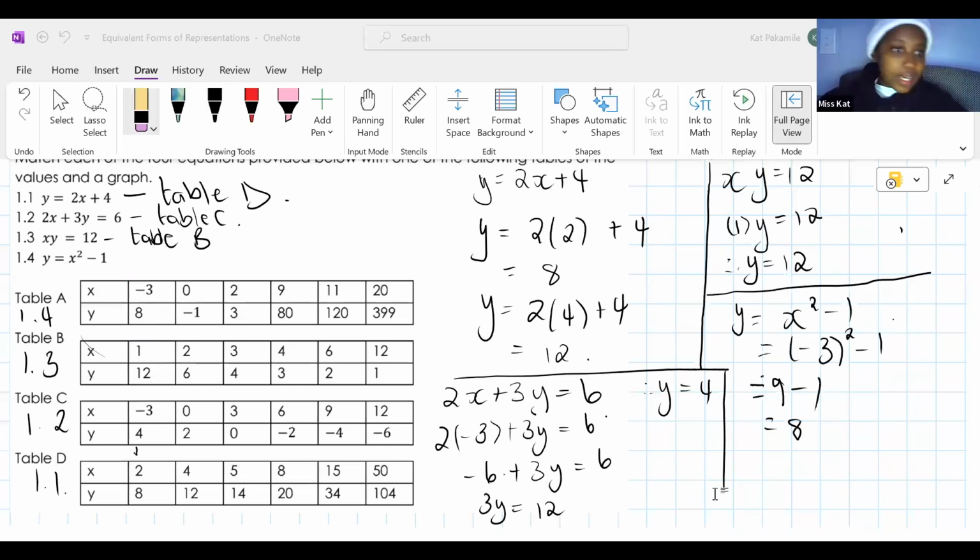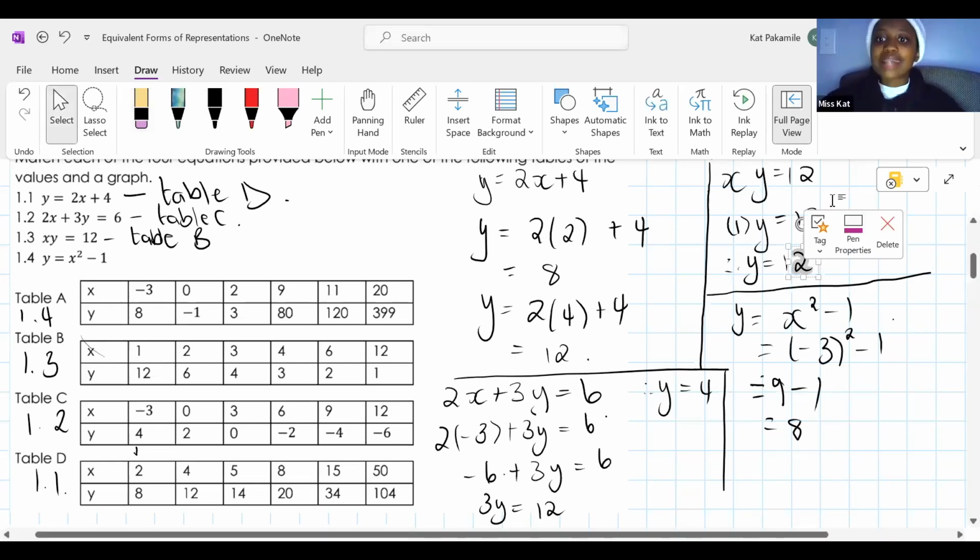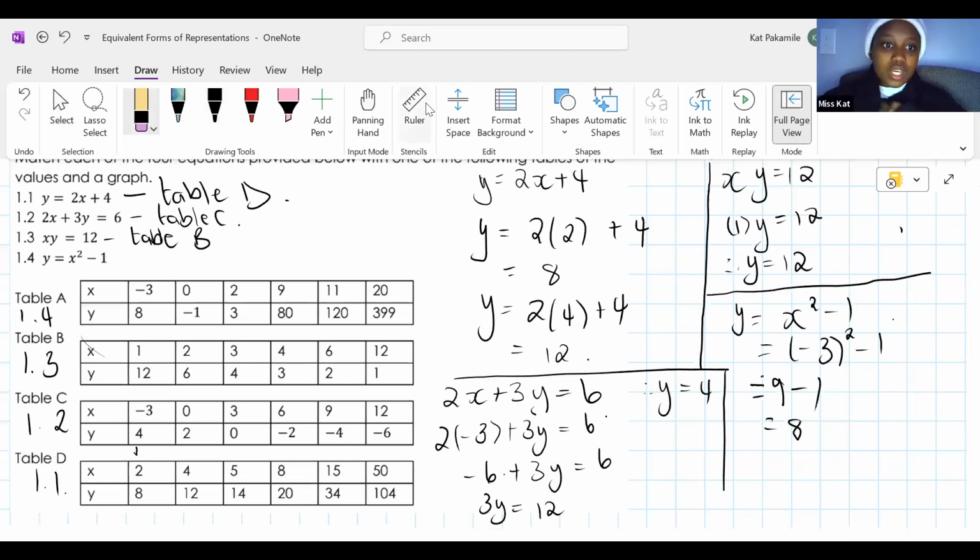Please explain C again. No problem. Here's C: xy equals 12, which means x times y equals 12. I chose to test an input of 1. Input is always the x, right? So wherever I see x, next to the y, I just plugged in a 1.